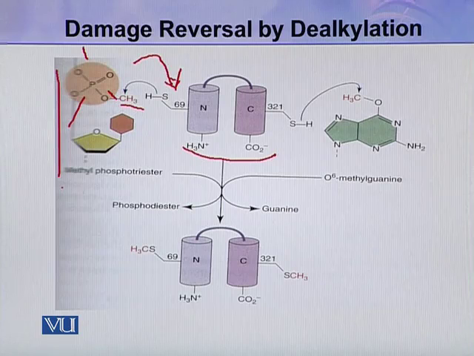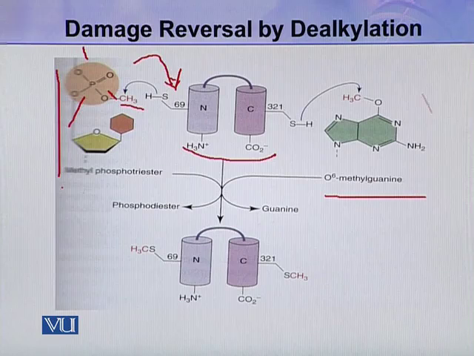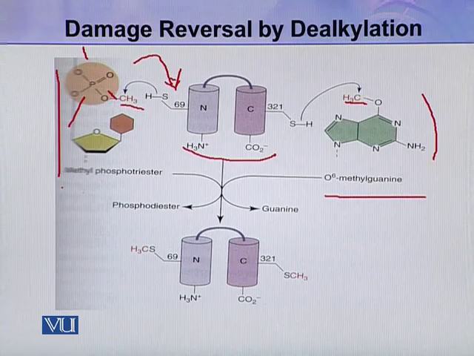Similarly, on this side you can see this is O6 methyl guanine. This is an altered base, and in this base one methyl group is present on the 6 oxygen of guanine. In a similar way, the C-terminal domain transfers this methyl group to its own cysteine residue.